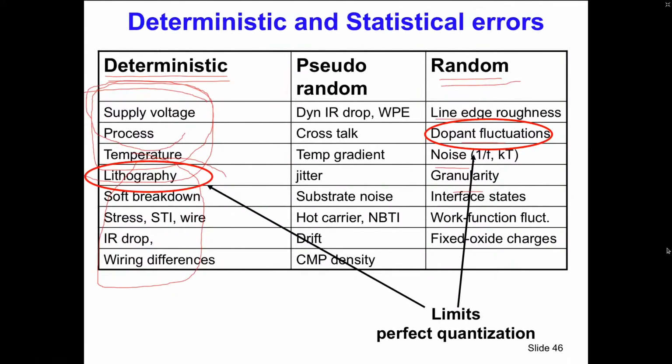And then there is stuff that depends a bit on where you live, which company you have, whether you call it deterministic or random. If you have a single LNA and there is an inverter in its vicinity, then the crosstalk from the inverter to the LNA still can be modeled as a deterministic phenomenon.